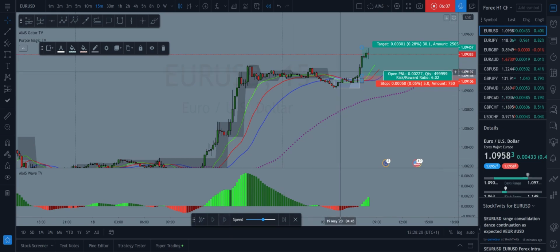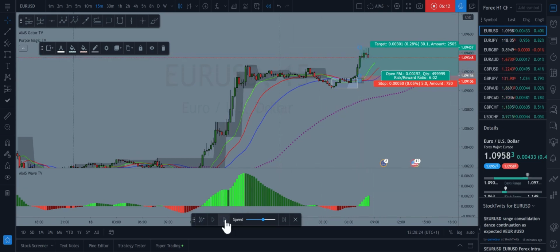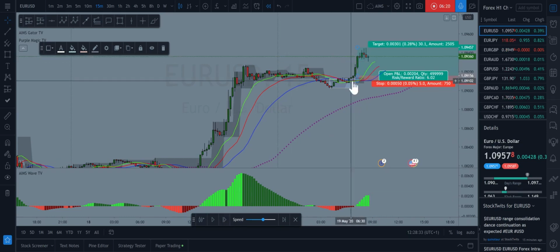It probably hit your target point here, right? For 2R. If it didn't, now your stop loss is here at this level. You have more than 1% profit banked, and you would have closed here. So you either got your 2% or 1.5 or something like that over here.